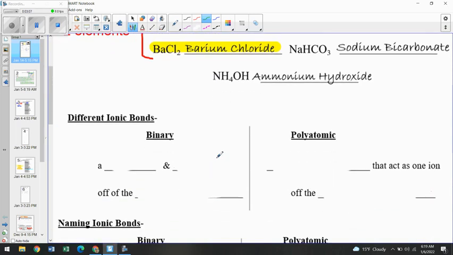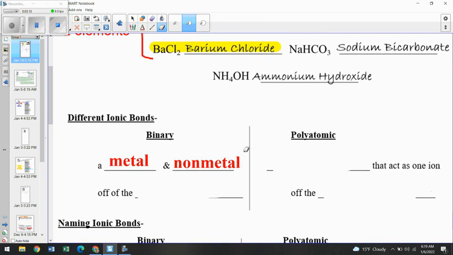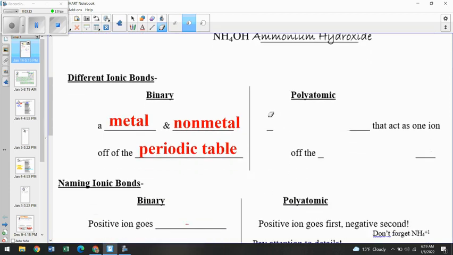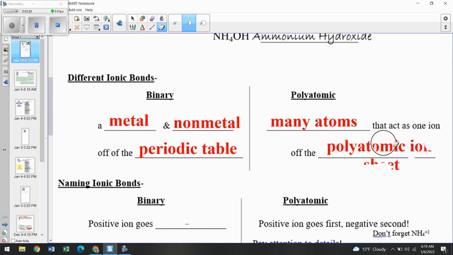Okay, so for binary compounds, this is the stuff that we learned before break. You have a metal and a non-metal typically. So an element from the left side of the periodic table and an element from the right side of the periodic table. Now with polyatomic, you have many atoms that act as one ion off of the polyatomic ion sheet.